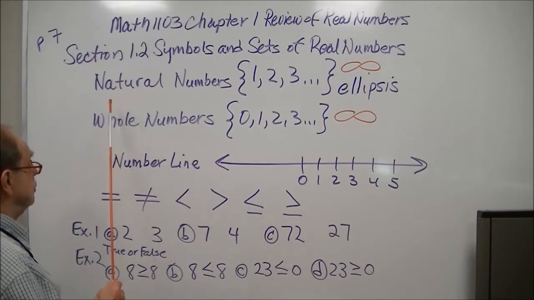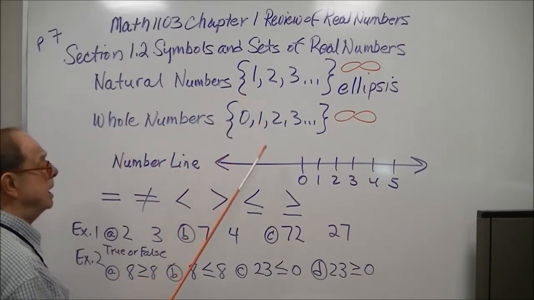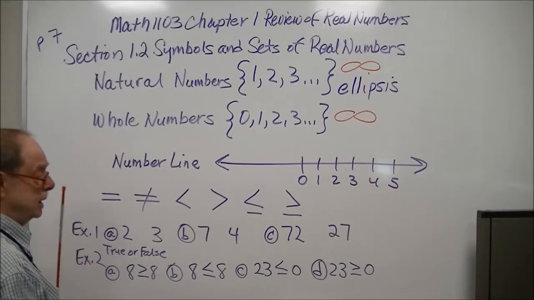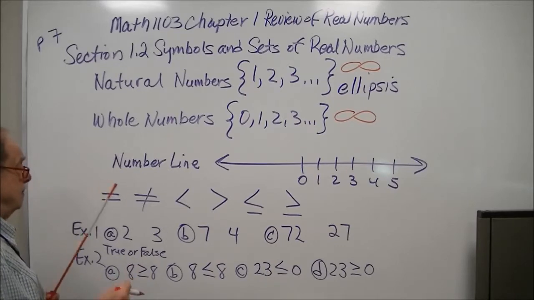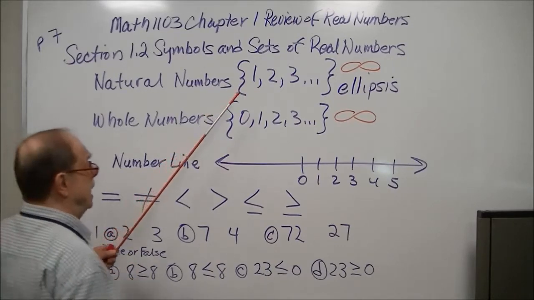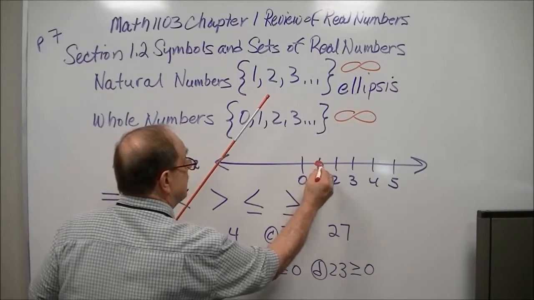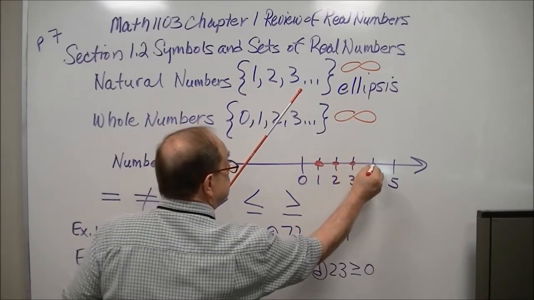Now, to graph the natural numbers on a number line, we do so by putting a dot on the number we're talking about. So if we're plotting 1, we put a dot there, 2, and we continue.